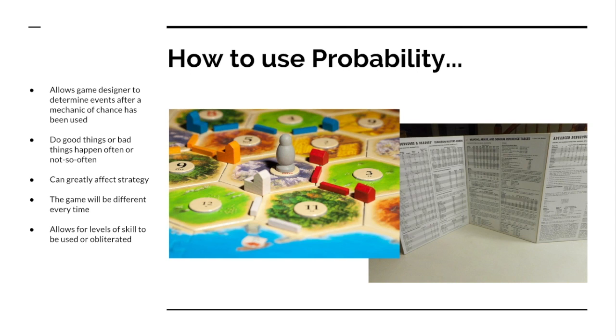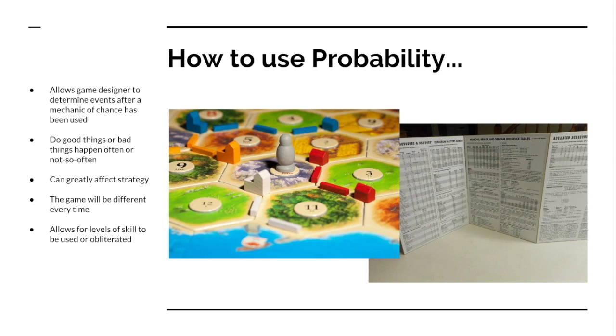So there are some good and bad things that happen pretty regularly when a 7, which is the most common number rolled with two six-sided dice in the game, comes up. So there's some chance, some probability. Catan is very different every time you play, and it is open to all levels of skill. People that are really good at Catan can dominate a board, and people that aren't really good can learn really quick how to play and become good players.